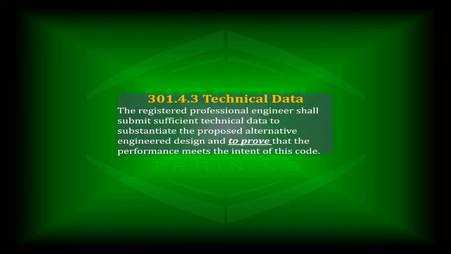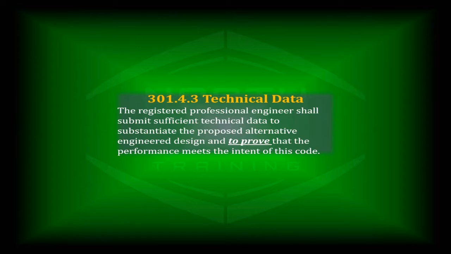30143, technical data. The registered professional engineer shall submit sufficient technical data to substantiate the proposed alternative engineered design and to prove that the performance meets the intent of this code. Okay, so what are they talking about here? They're talking about the engineering data for whatever you're going to install.